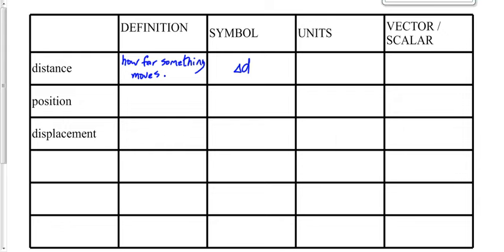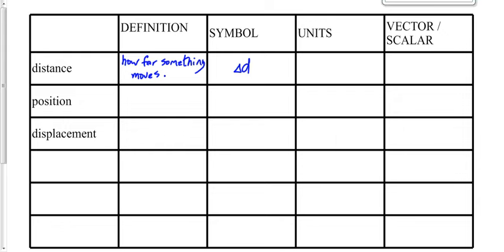Does anybody know what that Greek letter delta means for us in science? Yeah, it's change, right? If you've moved, then where you are has changed. So that's why we call it delta D. The distance traveled is delta D, the change in where you are.